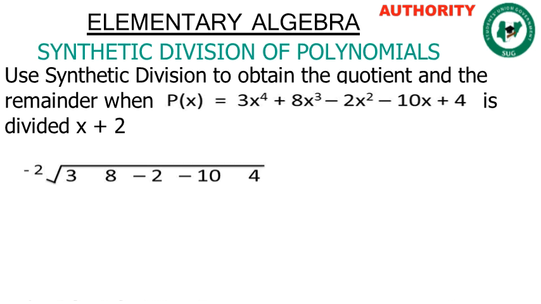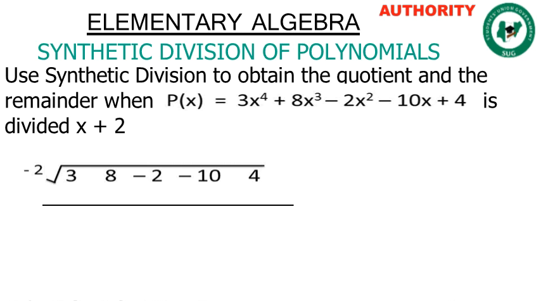So we are going to use minus 2 as our divisor, and 3, 8, minus 2, minus 10, 4 as our dividend. Now let's arrange it like this. You can see it, right?